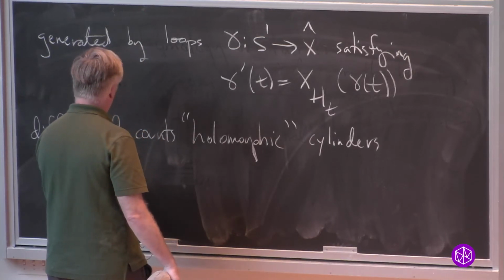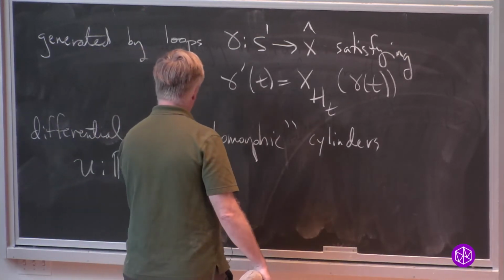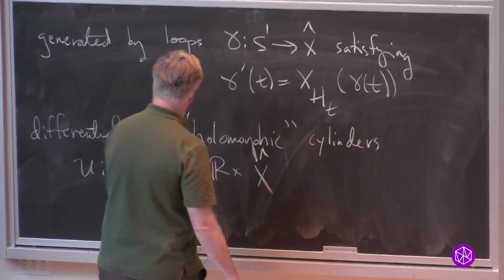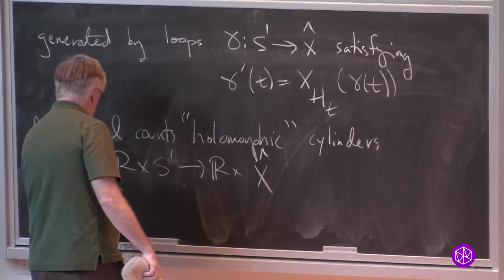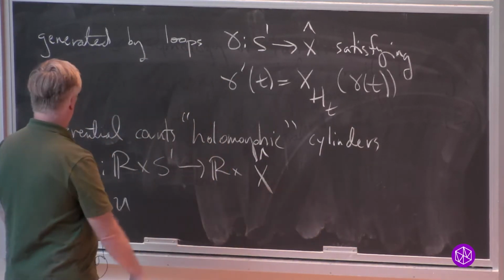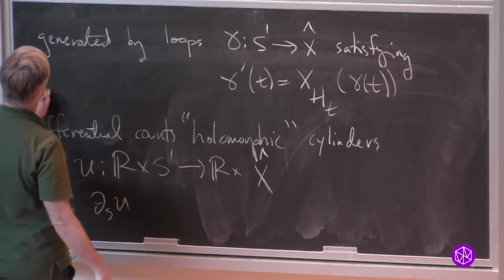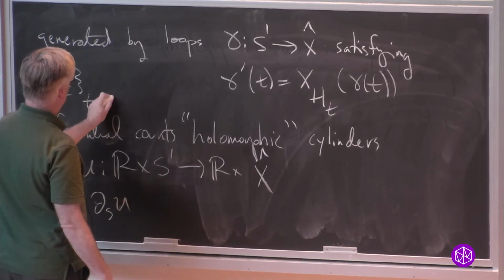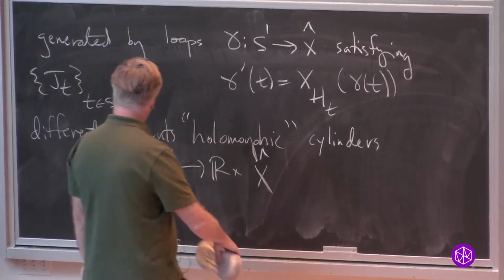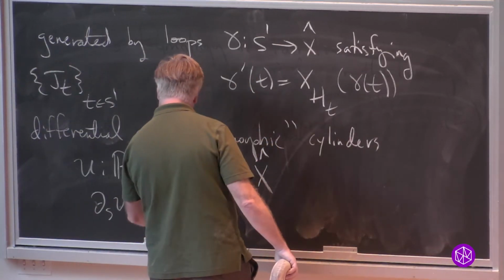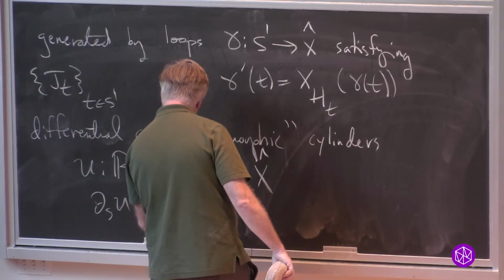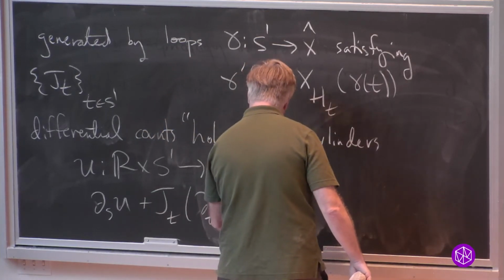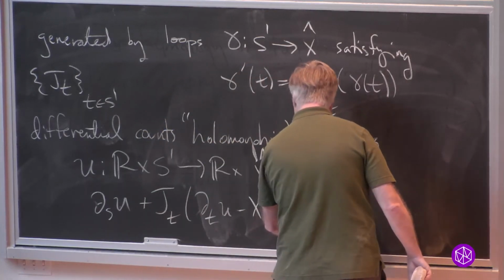So it maps U from R cross S1 to R cross X hat, and they satisfy the equation DSU. I forgot to tell you there's a J. So there's a family of almost complex structures, JT, parameterized by T in S1. So DSU plus JT of DTU minus XHT equals 0.